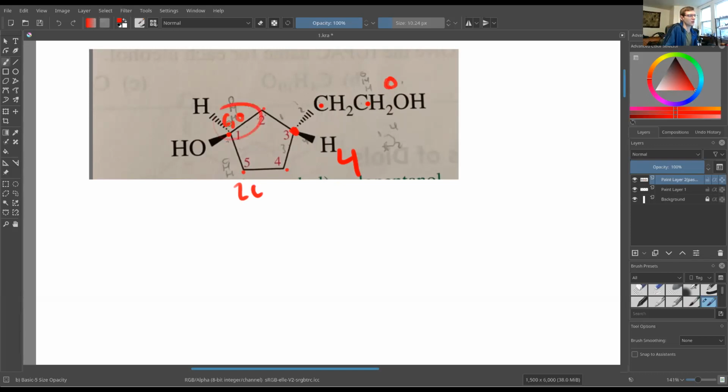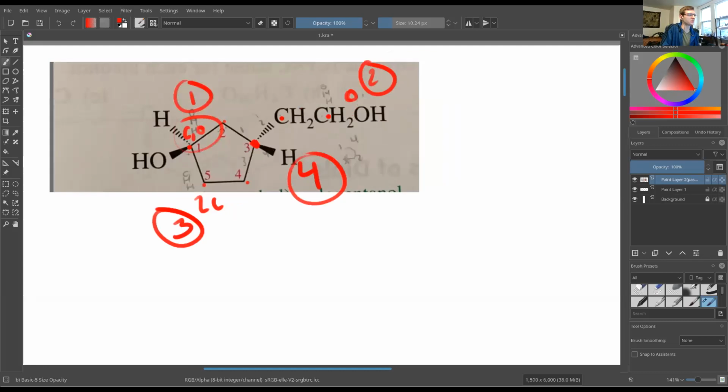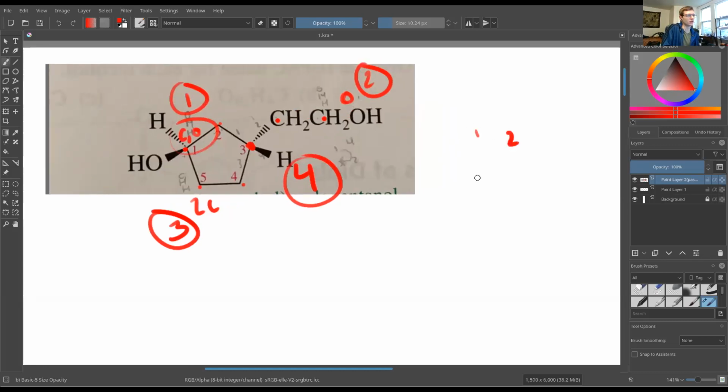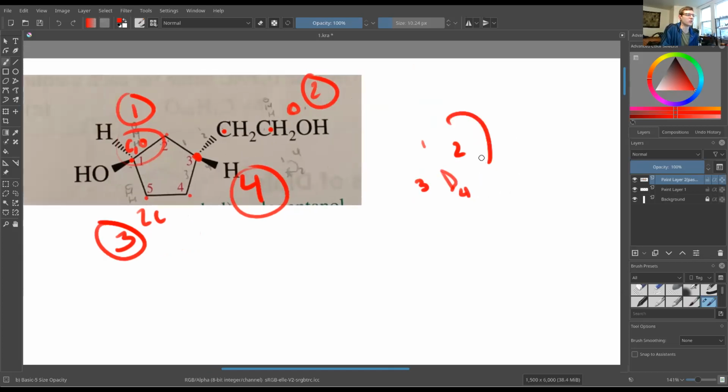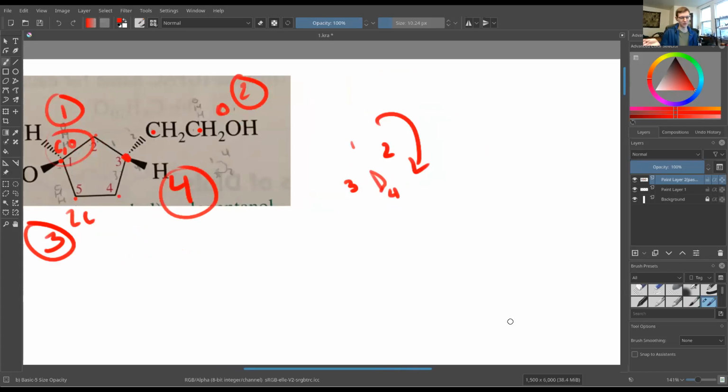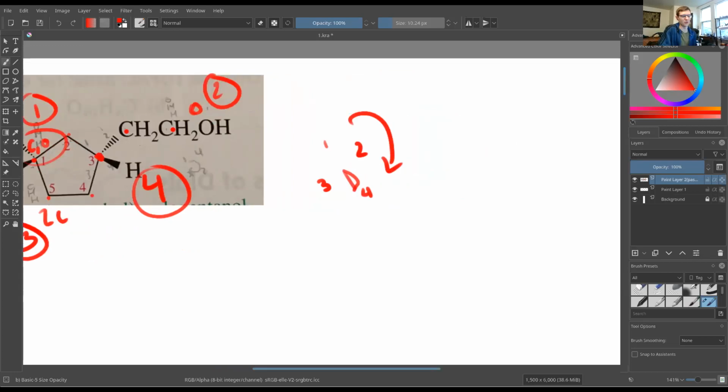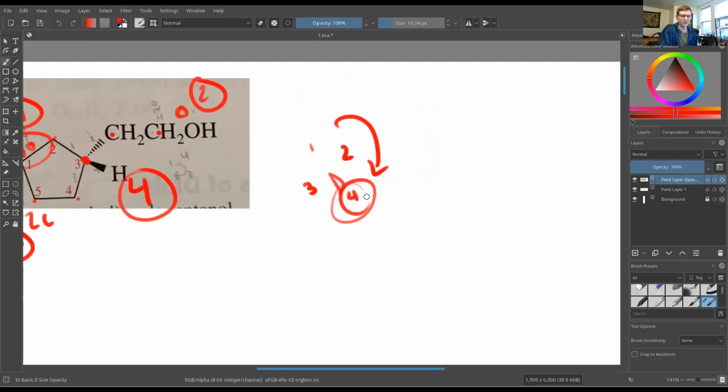So we would expect this to be our highest priority group, then this to be our second, and then this to be our third. So we have 1, 2, 3, and we have a hydrogen, number 4, in the front. So this goes this way. In this case, it's going to the right, but this one's in the front, not in the back, so we get that this is S.